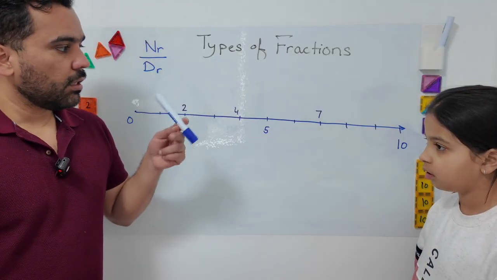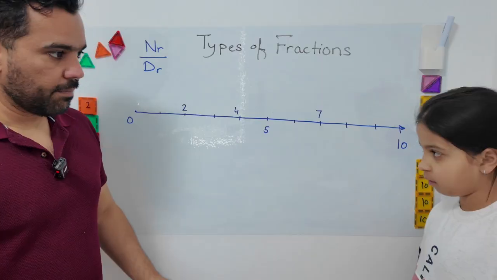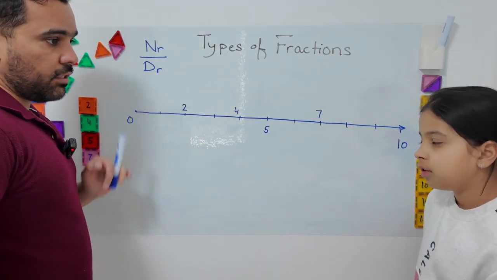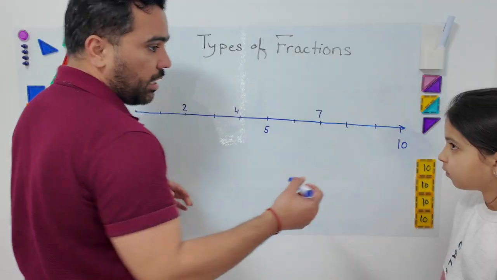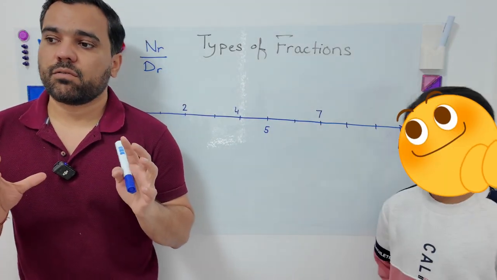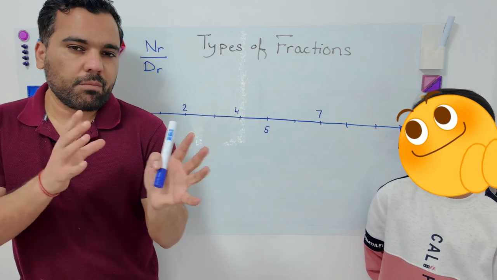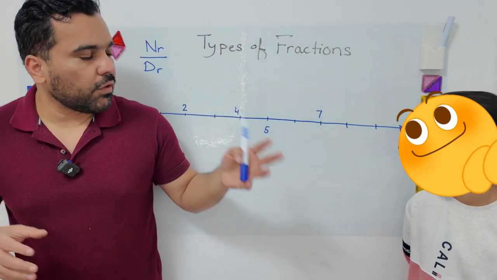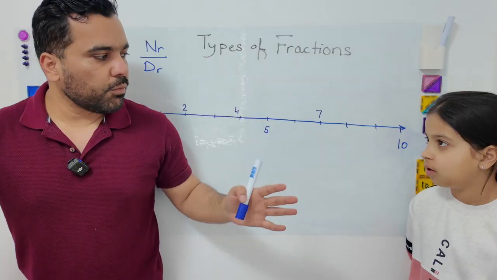I'll explain one concept. You know we have numerator and denominator in the fractions. I just want you to visualize what a fraction means in terms of where it would be on the number line. The examiner could ask, if it's 3/5, where would it be on a number line?